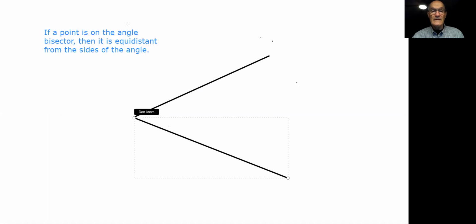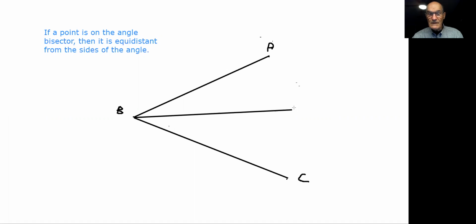Now, let's say we'll call this point A, we'll call this point B, and we'll call this point C. Now, if I bisect the angle, then I come out here, and let's see, if I can kind of move this around, it looks like that's about the bisector of the angle, right?